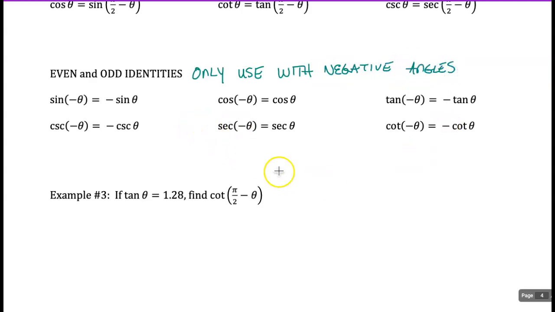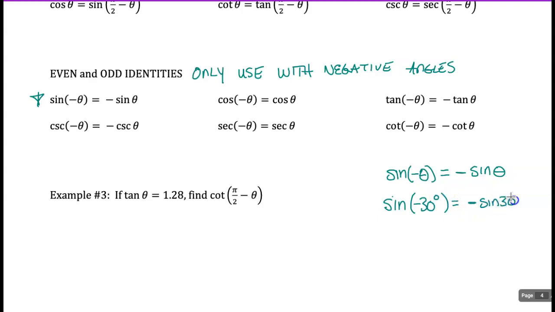So if you look at this statement right here, it says that the sine of negative theta is equal to the opposite of the sine of theta. So if I want to know the sine of negative 30, then I know that's just the opposite of the sine of 30 degrees.